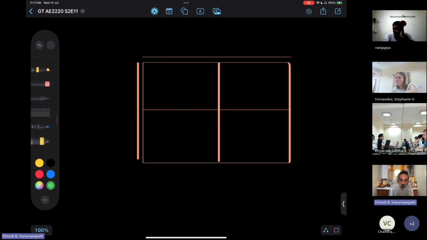So first of all, we took up the simplest thing that we can have, which is a zero size, by which we meant the particle.